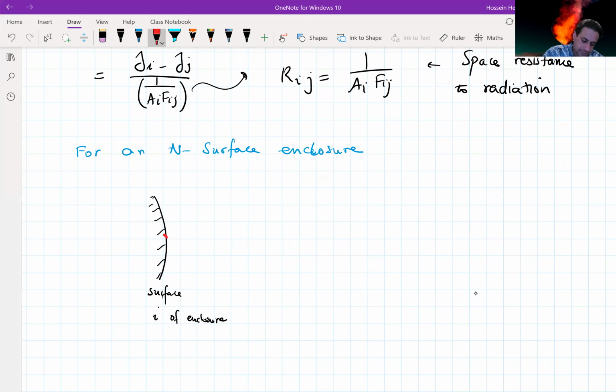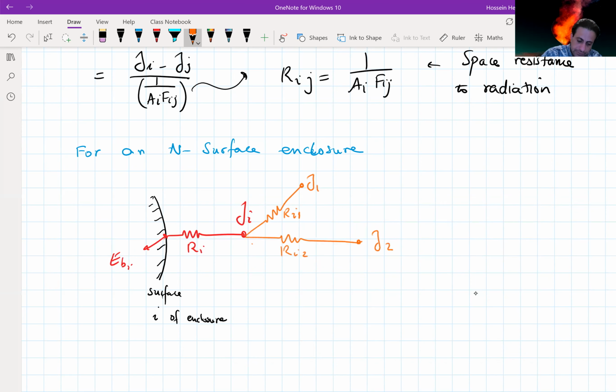Then this is EBI. We have Ri here, and here is node Ji. Now from node Ji, we would have radiation to the different surfaces. Let's say to surface 1, this is going to be J1 with Ri1. Let's say this is surface 2, J2, Ri2, and multiple surfaces. So let's say this is Jn, this is Rin.